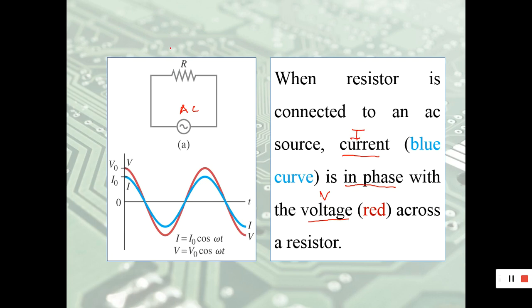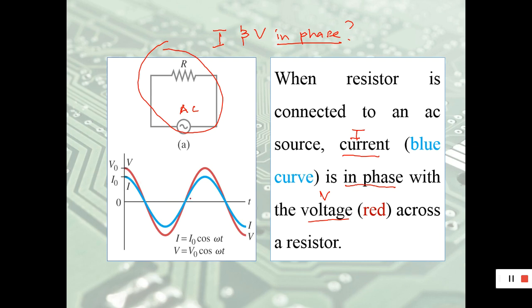What is in phase? In phase means that the I and V will be at the maximum, minimum, and zero at the same time.